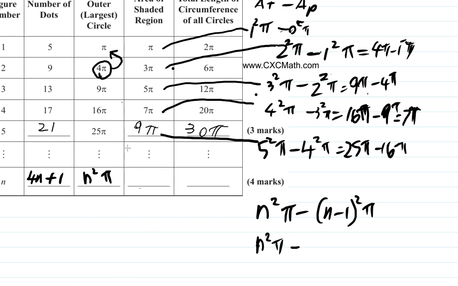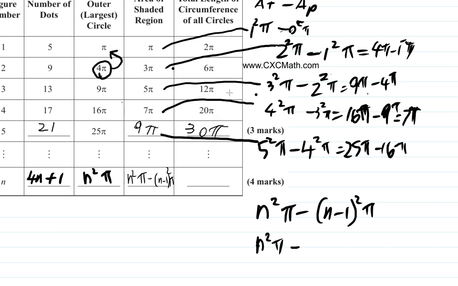Let me write it smaller. Or we could just write it as it is. Let's not put any bracket. N squared pi minus n minus 1 squared pi. Alright, we have it as that for now.